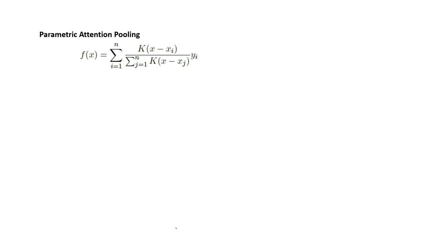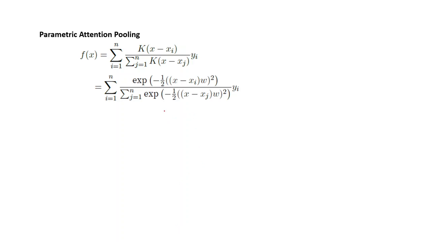So this was the original attention pooling function. Now to this attention pooling function, if you consider the Gaussian kernel again, we are multiplying this W to x minus xi and x minus xj at the same time. So what we are doing here is passing this x minus xi through a fully connected layer.